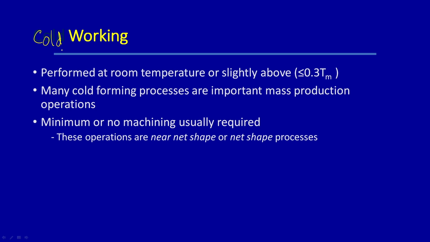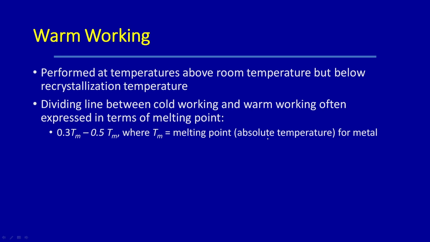And the advantage is that you don't need to heat it up, so energy consumption is less, and second, no machining is required because surface finish is very good, and that's why these operations are near net shape operations, which is practically very good for coils or the different kinds of plates and sheets used in the automobile industry.